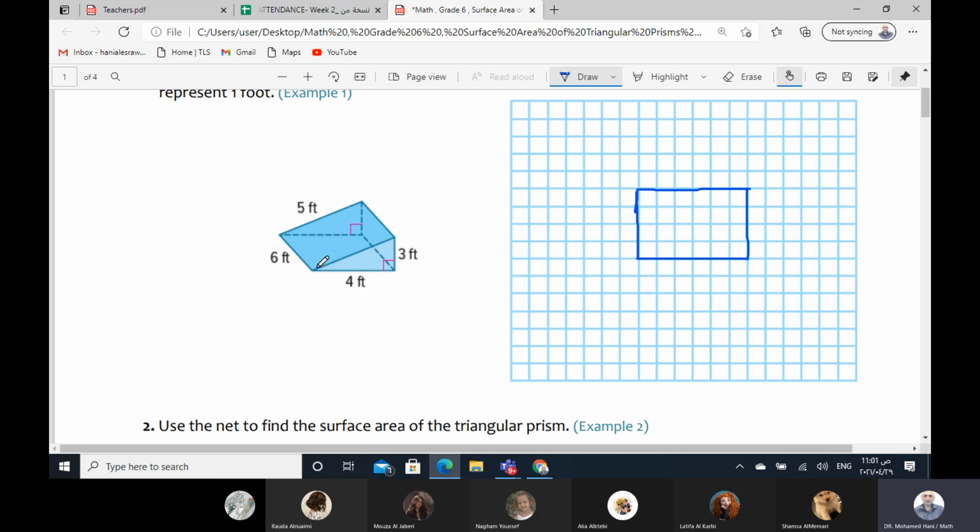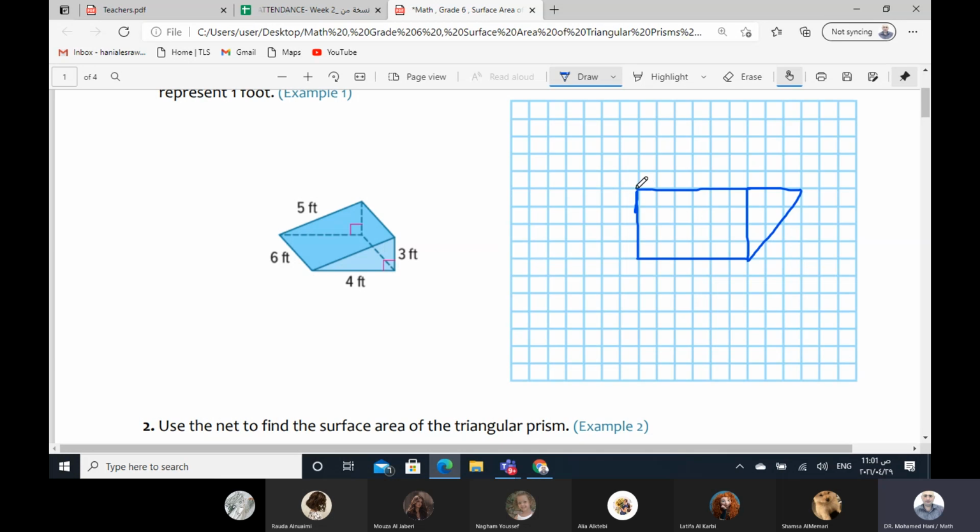Then here we have the side triangle, 4 and 3. This is here 4, then here 1, 2, 3. And here we have the opposite side.